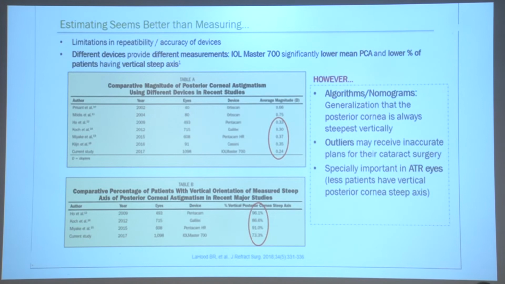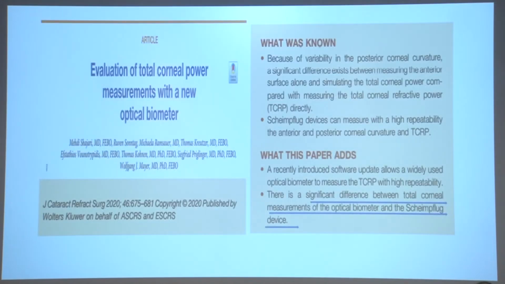So that was also confusion. At present it is considered that the estimation and the nomograms are both working very well. So rather than buying for total corneal tomography because the market says so, there is no need. We have so many good nomograms and they are still giving equivalent results; there are no superior results. Of course, they are good to measure the PCA, but it is not necessary for us to buy newer machines just to measure the posterior corneal power.